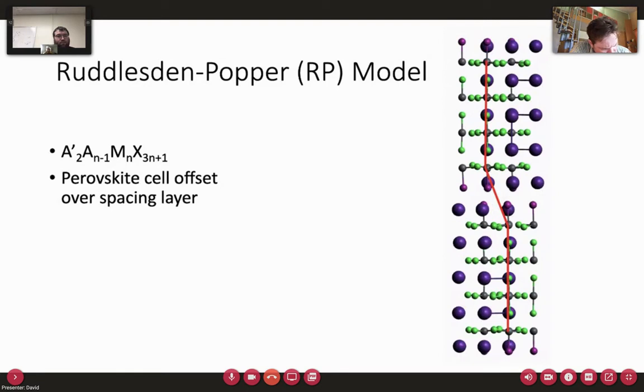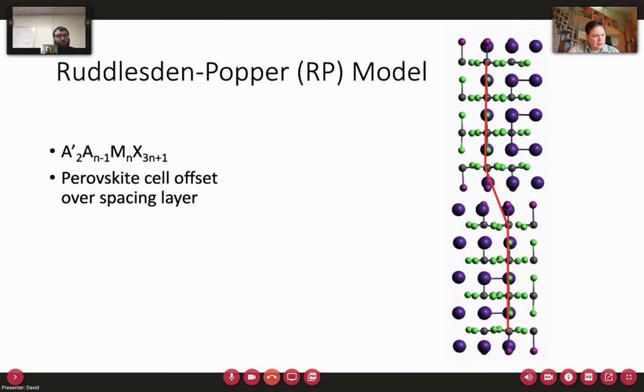Well, due to the completely inorganic nature of this model, we wouldn't expect any charge transport to be hindered by this model. But would the red line be a good trajectory of charge transfer? It would not be a good trajectory.